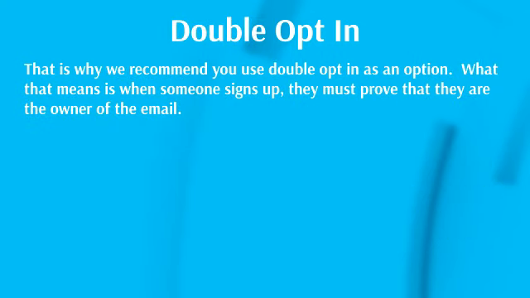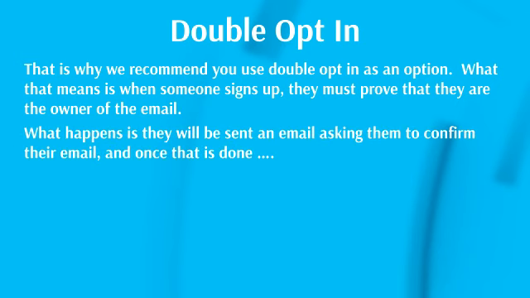Here's what double opt-in is. Double opt-in is when somebody signs up, and let's use the example before where they fill in their name and email address on your landing page, and they click submit. Now, at this point, they're not going to be added to your list. They're going to be added to a sort of pending list. What they have to do in this case is prove that they are the owner of the email.